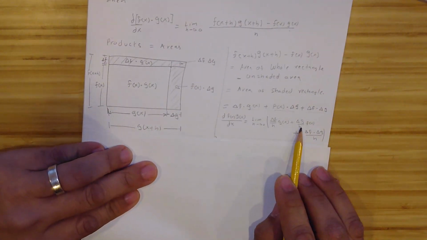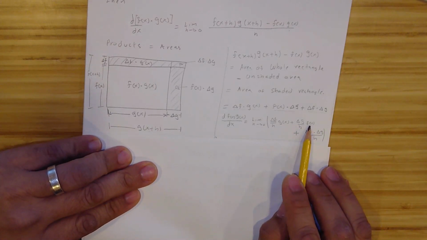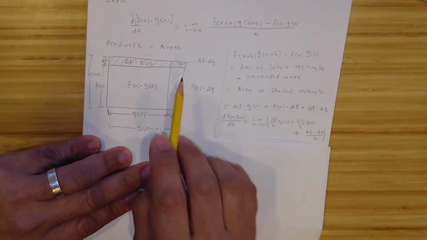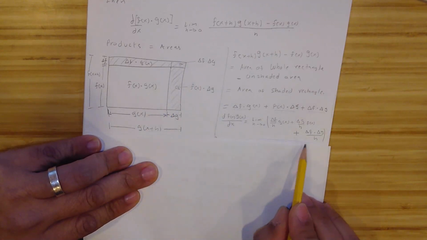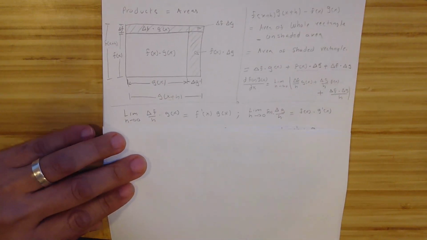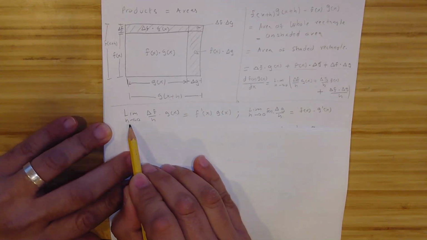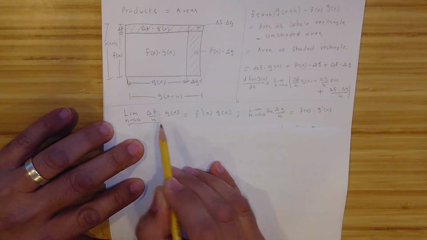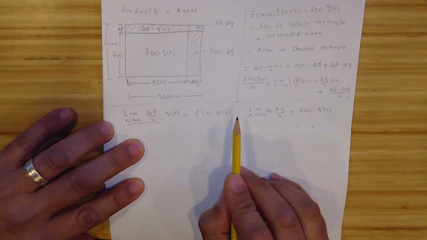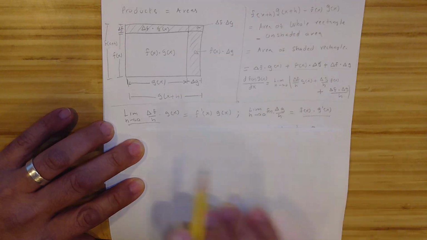Same thing for g, the delta g over h, times f of x, plus this little box, the delta f multiplied by delta g over h. So the first part we know: this is the derivative of f multiplied by g of x. Same thing for the second part.